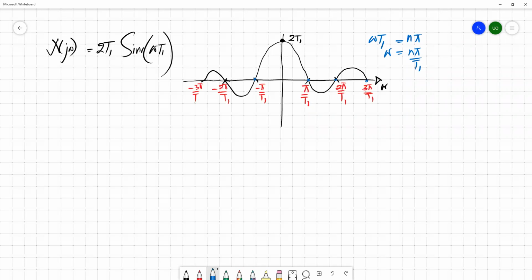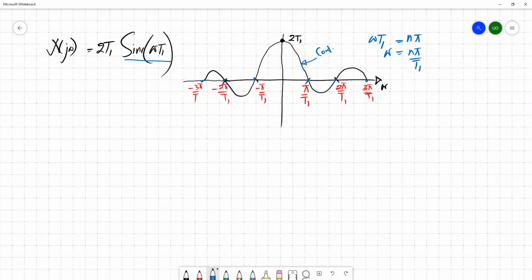So in between those values, your function is continuous. So previously we obtained a discrete function. Now it's a continuous function. Previously, for each and every k value we had a discrete stem.